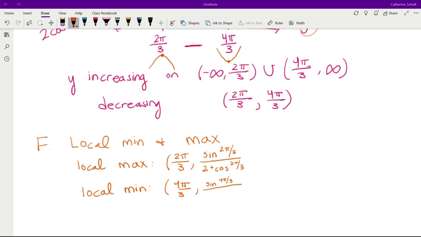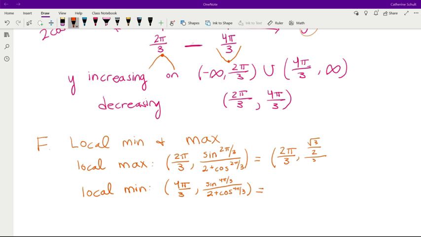And then -3 root 3 for 4 pi over 3. Okay, so we kind of just plug in, evaluate our trig functions, simplify. And then when you cancel those denominators, you're going to get your ordered pairs.